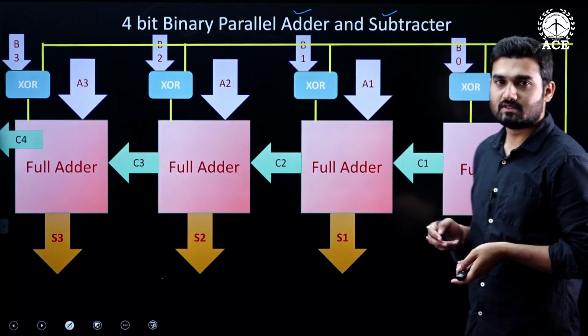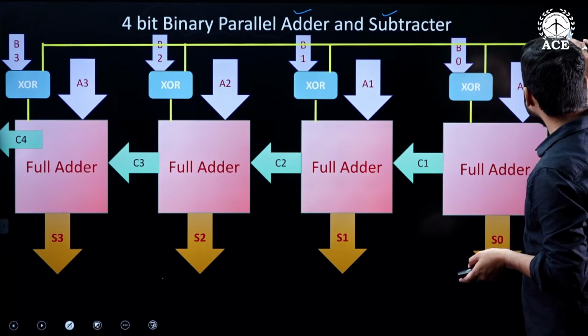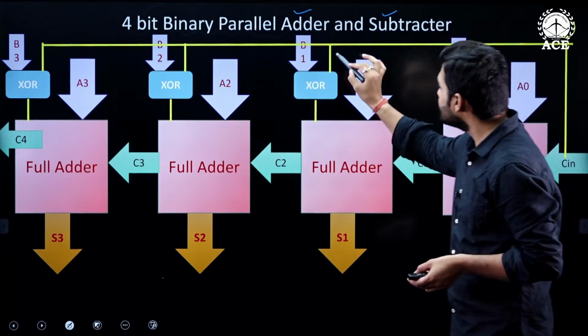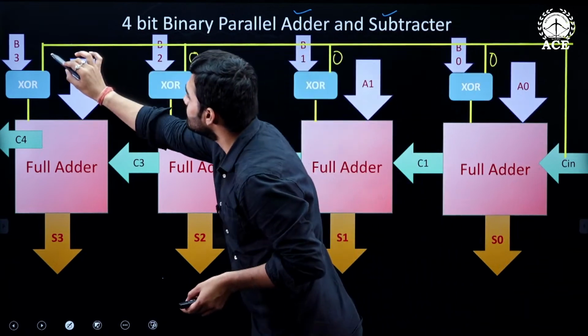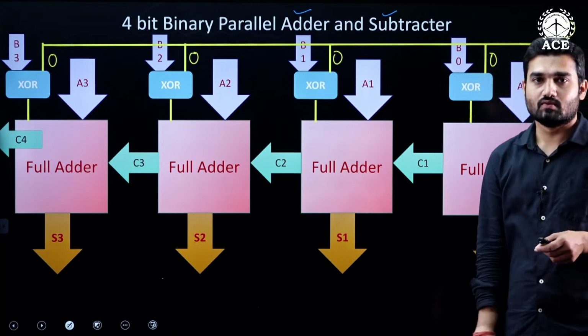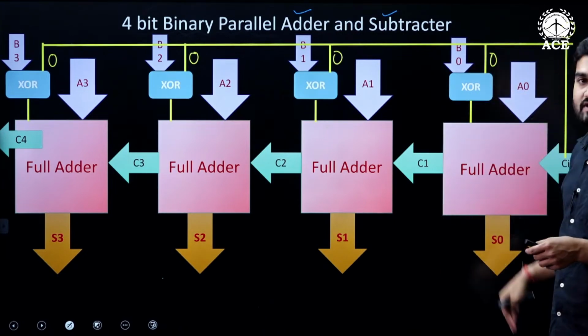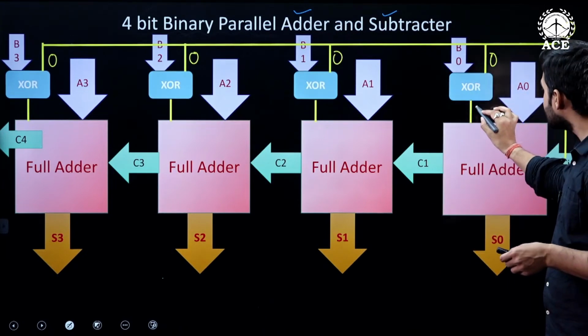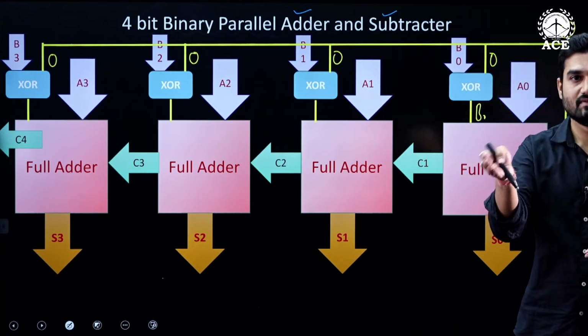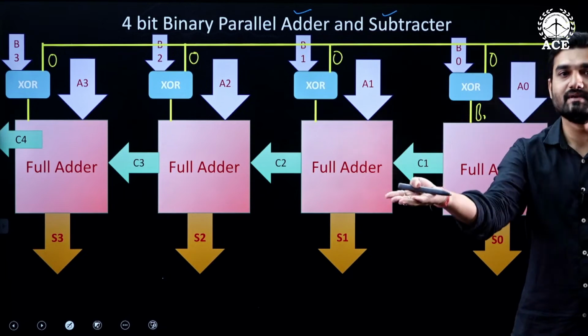Now you got this thing. Please tell me, if I provide my input over here 0, that means here also 0, here also 0, here also 0. If these two inputs are 0, then what is the output of your XOR? The output of your XOR is B0. Just now we have seen, if I XOR with 0, whatever the input I am providing is the same as the output.